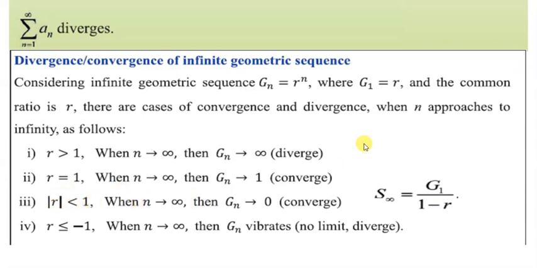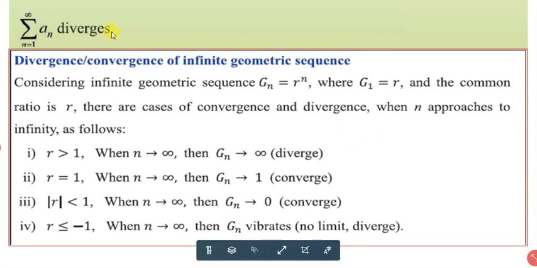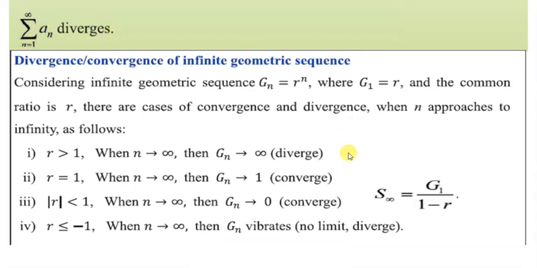Mathematically, if our r lies between -1 and 1, excluding both endpoints -1 and 1, then as n goes to infinity, Gn goes to 0.